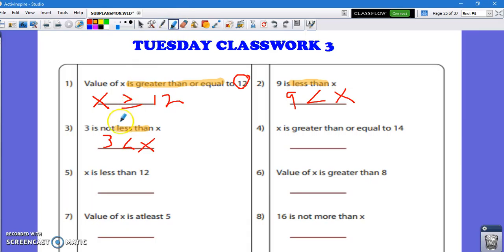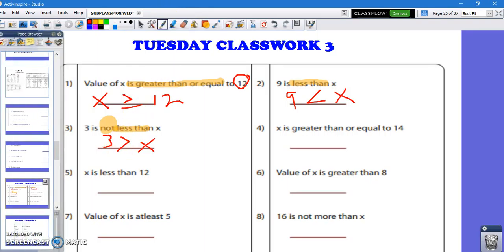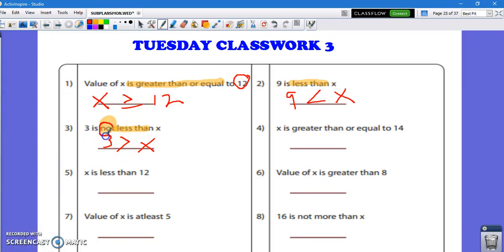So in order for me to include the not, guess what this means? It means that 3 is greater than x. So saying not less than x is saying greater than. Hope you caught that. Saying not in front of our inequality means the opposite of what it says. So if it's not less than x, it's greater than x.